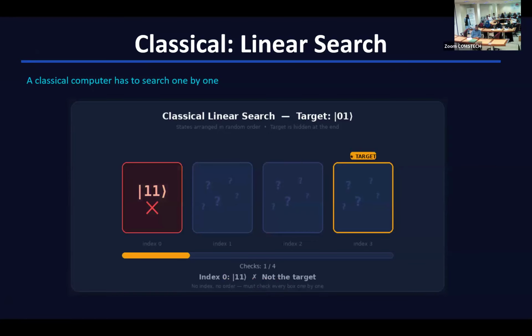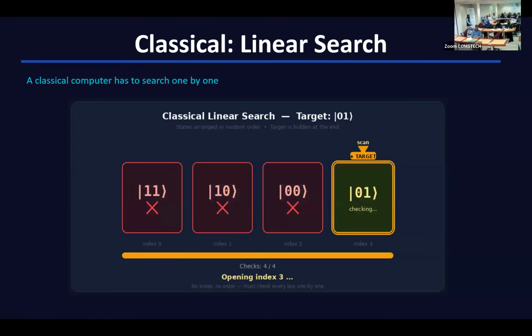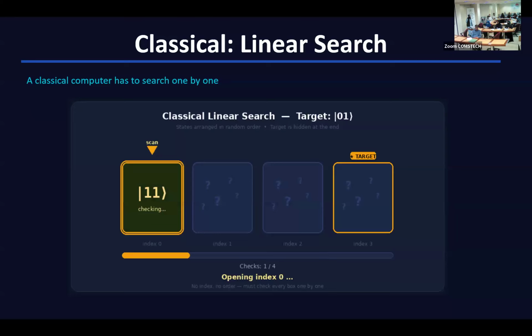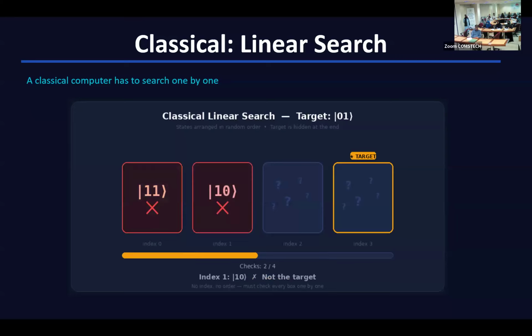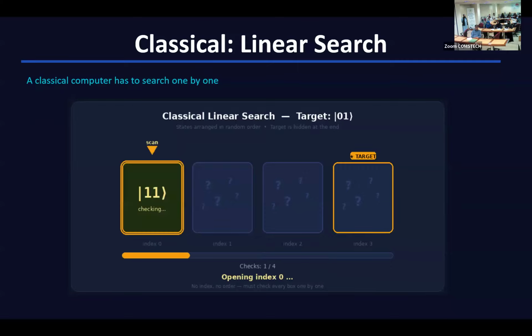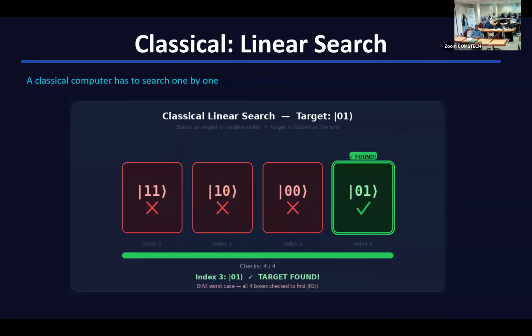When we reach the target state, we get it. But it is a linear search, where we have to open each and every box. This is classical searching, and for unsorted data it would be very hard to find out where exactly the answer is.